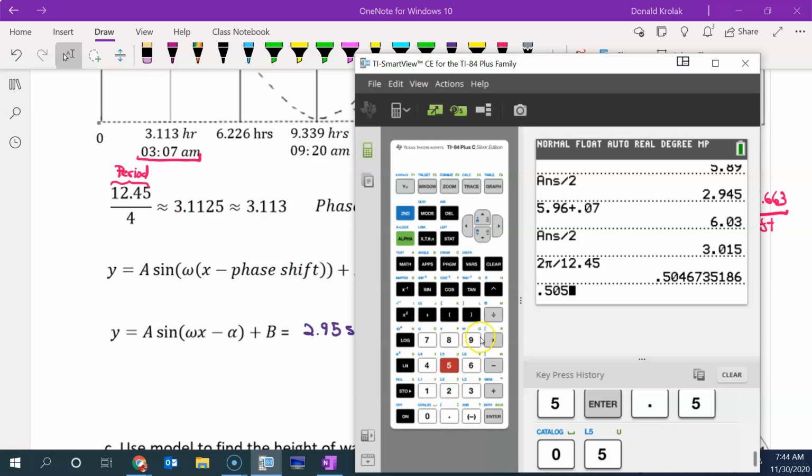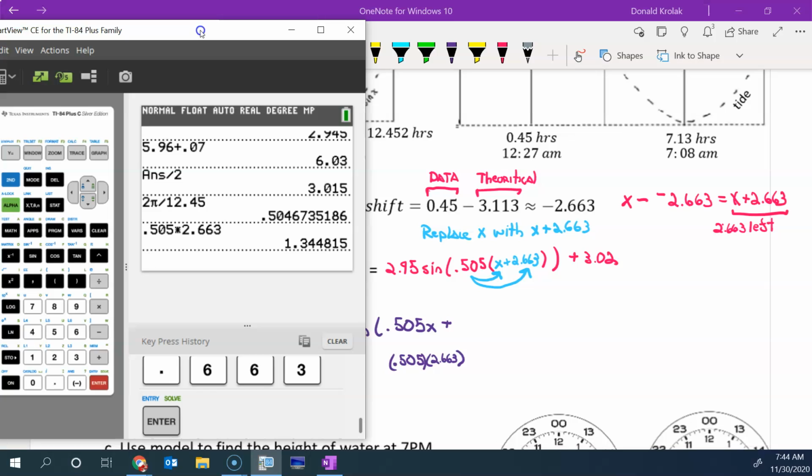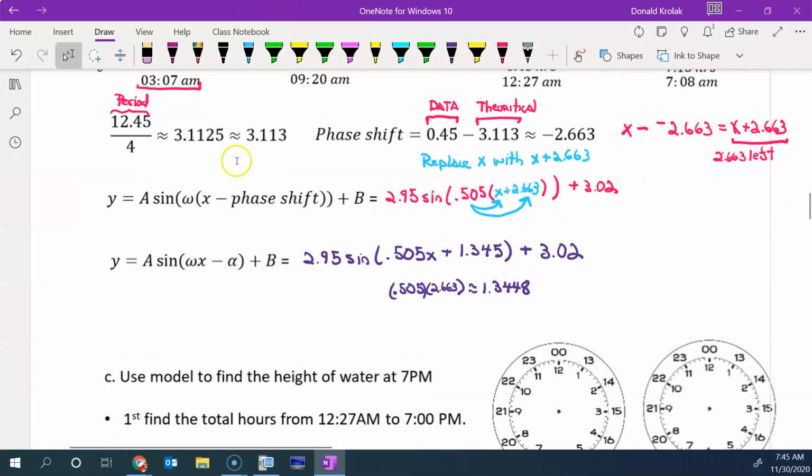And I'm going to round that to 3 decimal places. 1.3448, 1.345. And there's your equation. So the hardest part on this is really doing the phase shift.